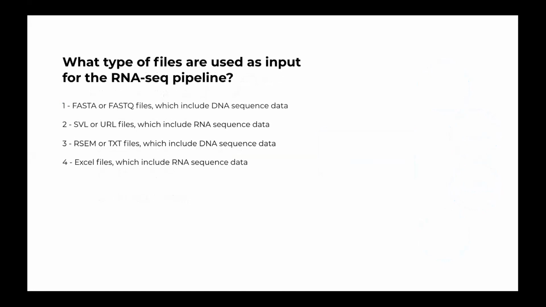The first multiple choice selection would be FASTA or FASTQ files, which include DNA sequence data, or 2, SAM or BAM files, or 3, RSEM or text files, or 4, Excel files. Can anyone give me an answer?